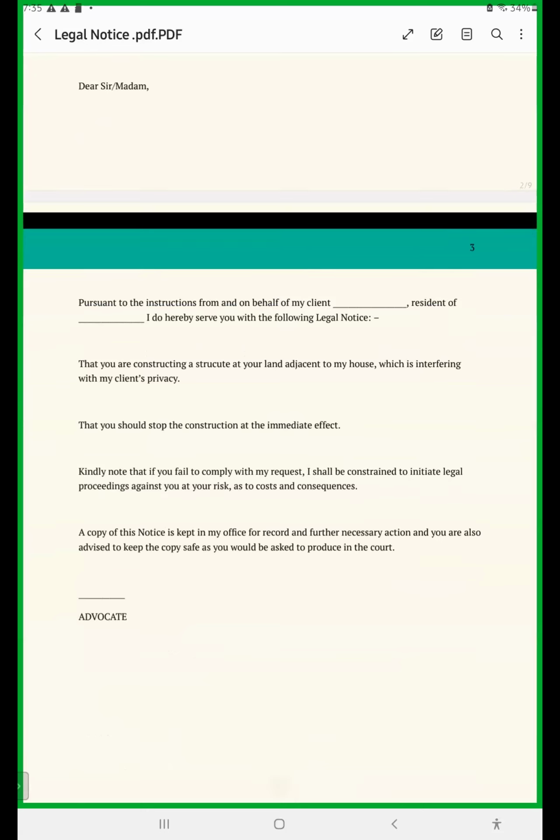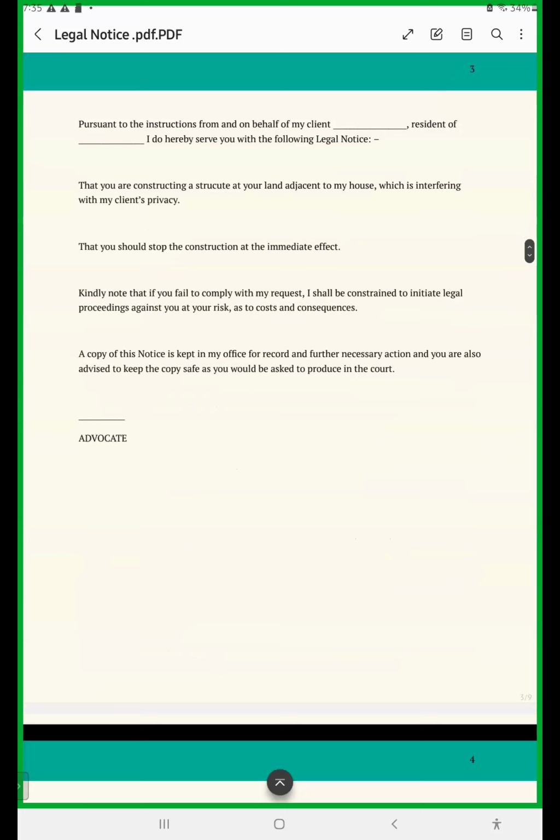Kindly note that if you fail to comply with my request, I shall be constrained to initiate legal proceedings against you at your risk as to cost and consequences. A copy of the notice is kept in my office for record and further necessary action, and you are also advised to keep the copy safe as you will be asked to produce it in court.